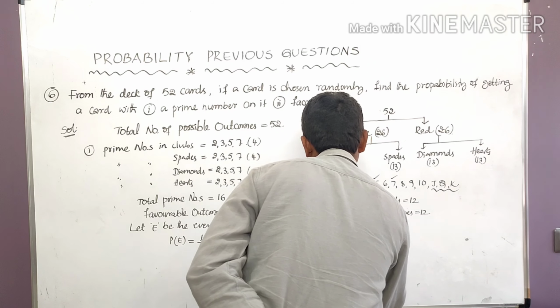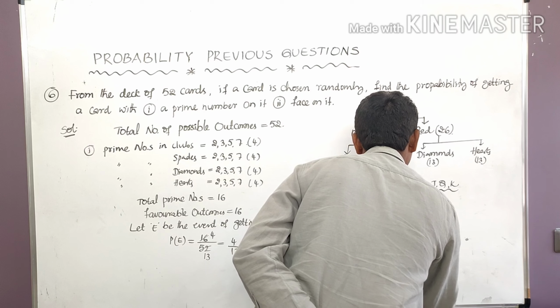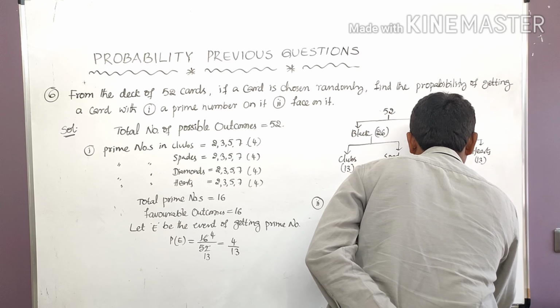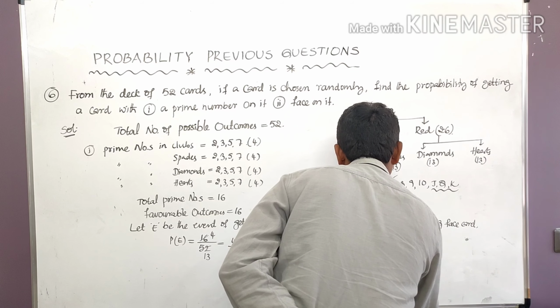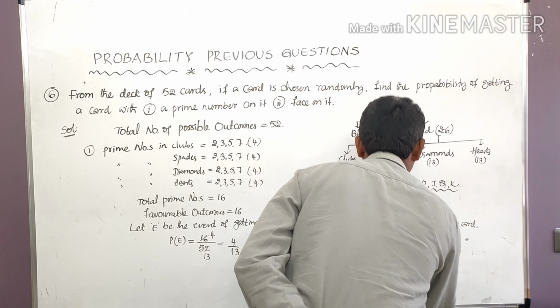Let E be the event of getting a face card. Then P of E is equal to favorable outcomes 12, total outcomes 52.